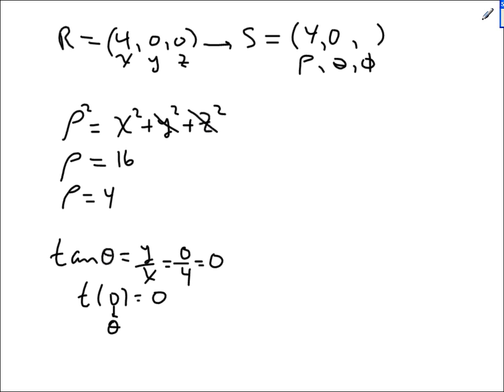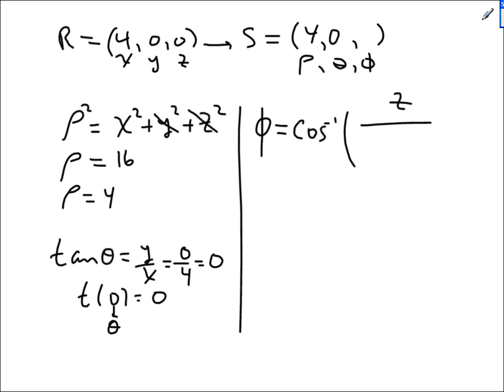Theta is 0. Now, we are told that phi is the cosine inverse of z divided by the square root of x squared plus y squared plus z squared.